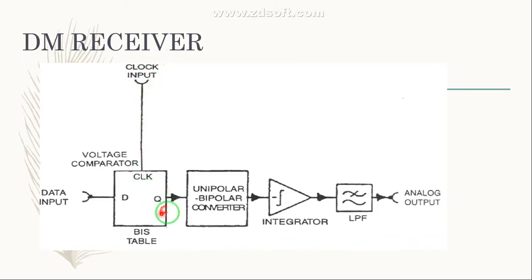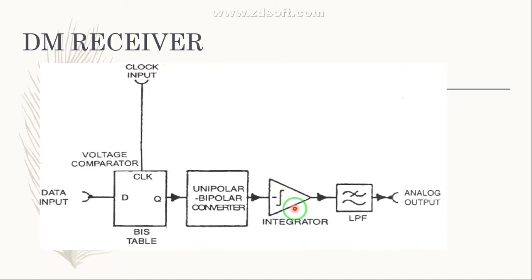The output of this bistable circuit is given to the unipolar to bipolar converter. Remember, this block converts a logic 0 to voltage level +4 and logic 1 to voltage level -4. Then this bipolar output is applied to the integrator.